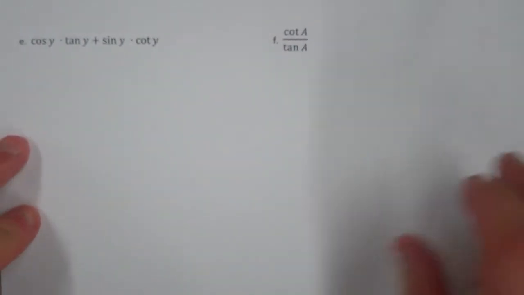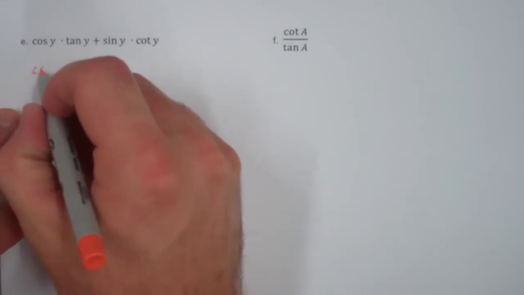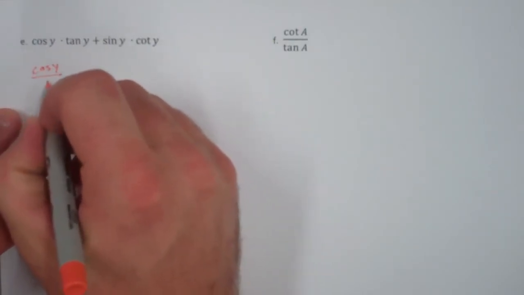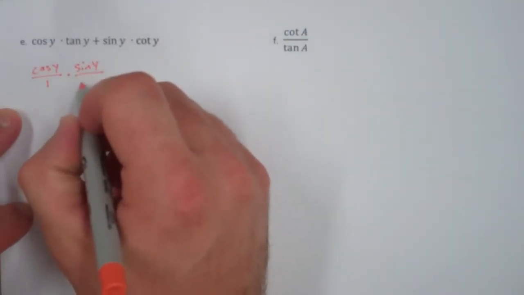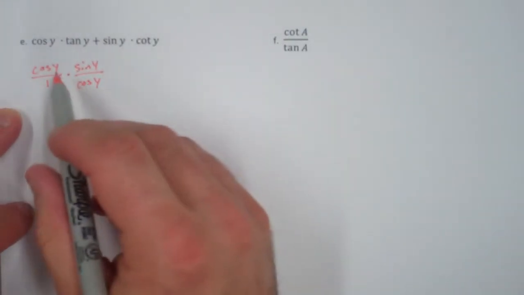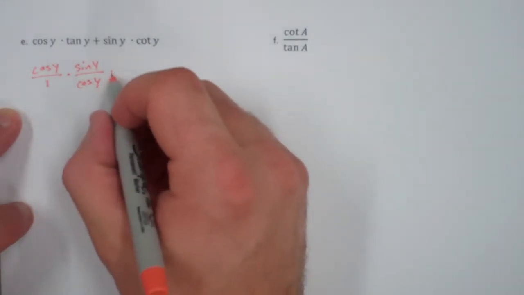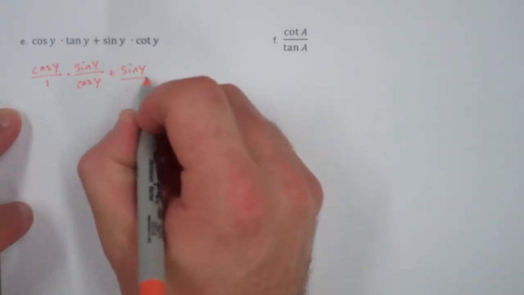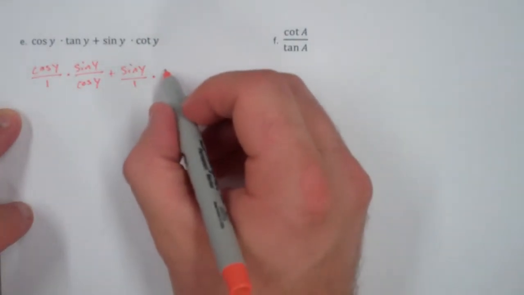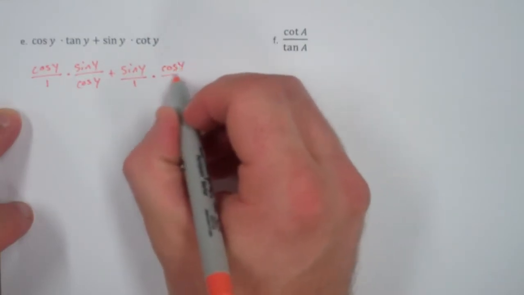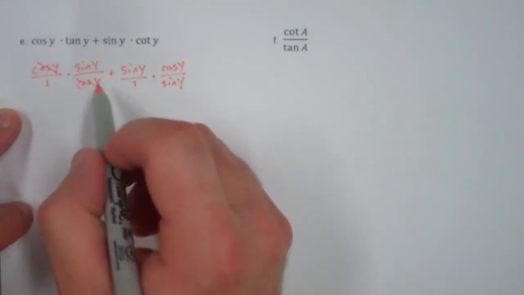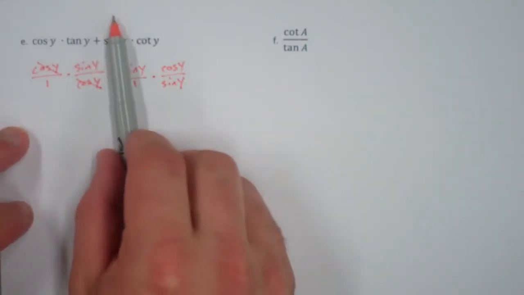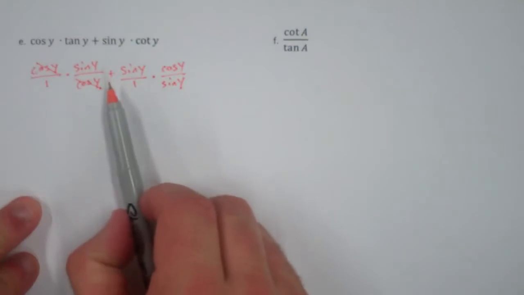And I think again I'm going to try to change everything into cosine and sine here. That's often the first strategy I try to use. So let's see here, we've got sine over cosine, and we've got the sine of y over 1, and then we've got the cosine over the sine. So now we can cancel these. We can cancel as long as we're in one term. Notice this plus sign.